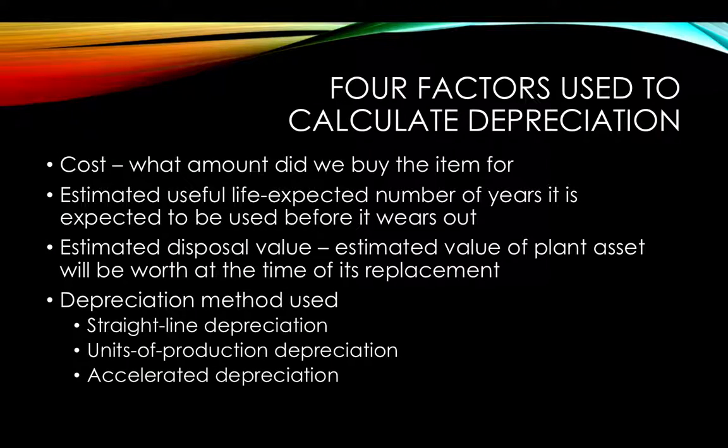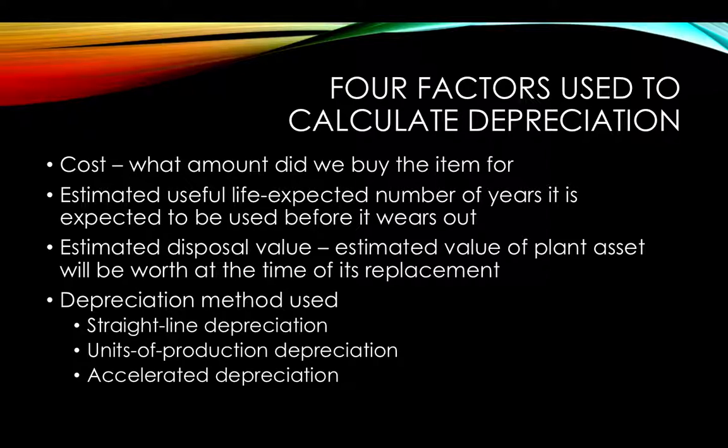Okay? So when you're getting ready to calculate depreciation, there are 4 things that you need to know. You need to know, what did the item cost you? You need to understand its estimated useful life, which is the expected number of years it's going to last us before it wears out, and then our estimated disposal value.